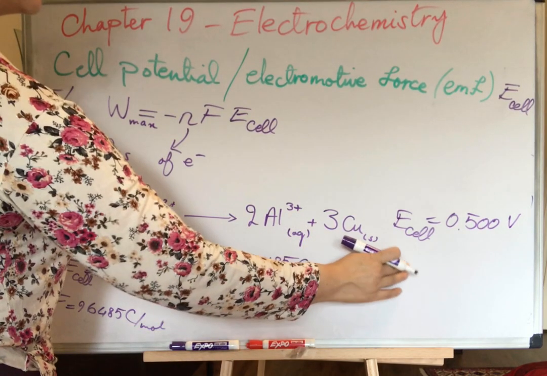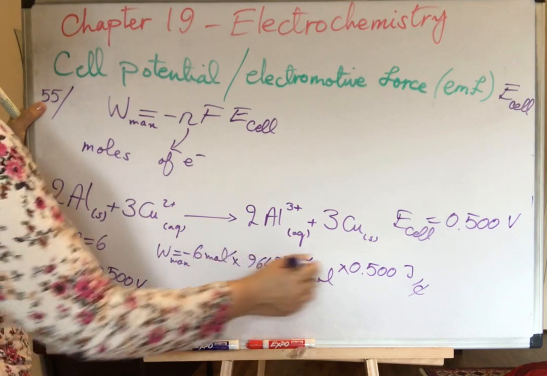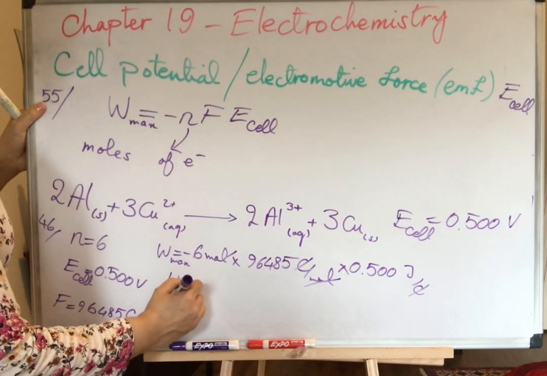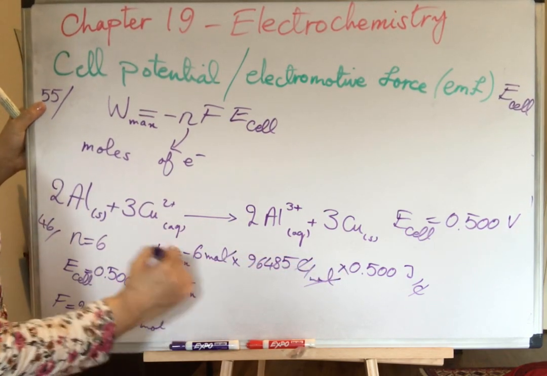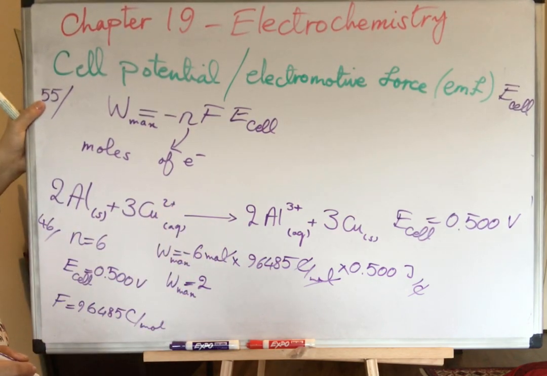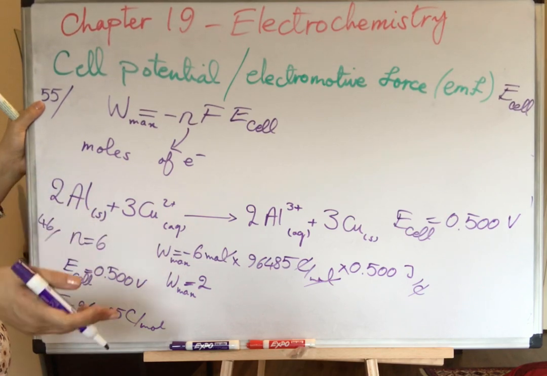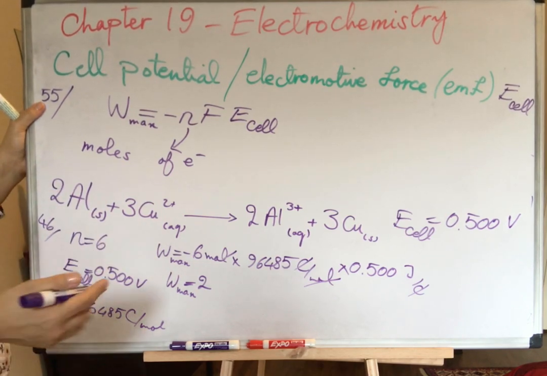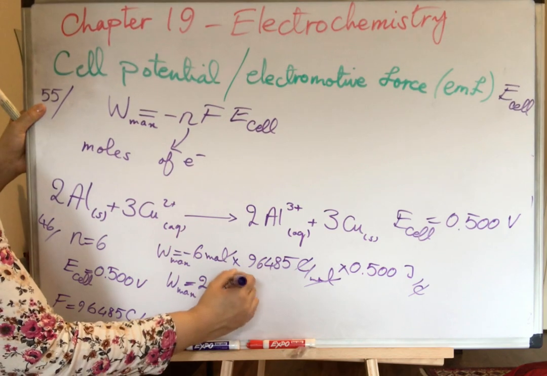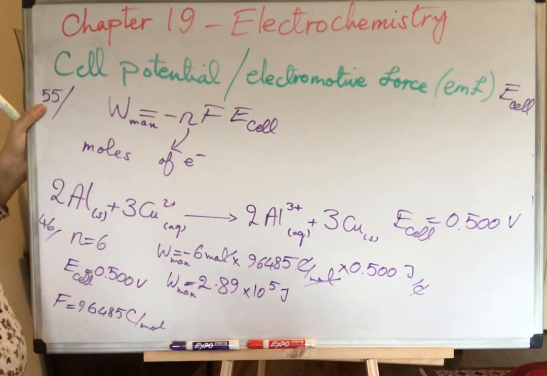Volts is joules per coulomb, right? Because we want to be able to cancel. So W max is how much? We didn't consider the negative because negative is showing the direction. It's not a mathematical negative sign. So 2.89 times 10 to the 5th joules.